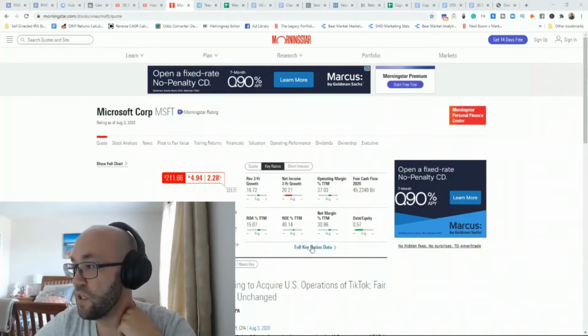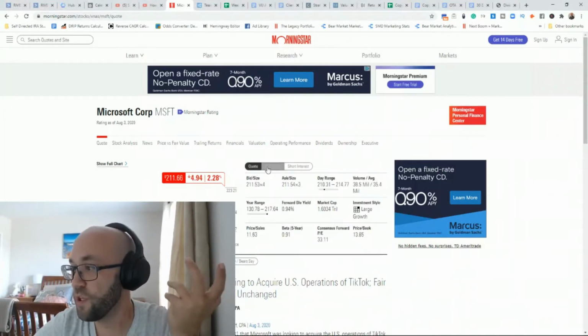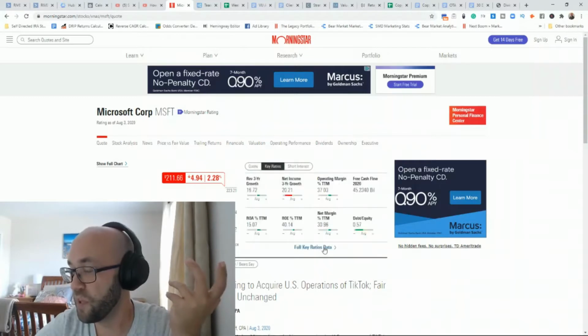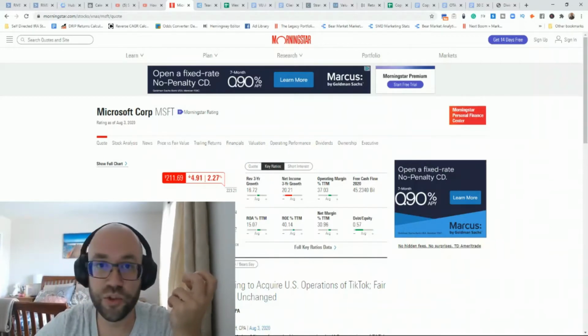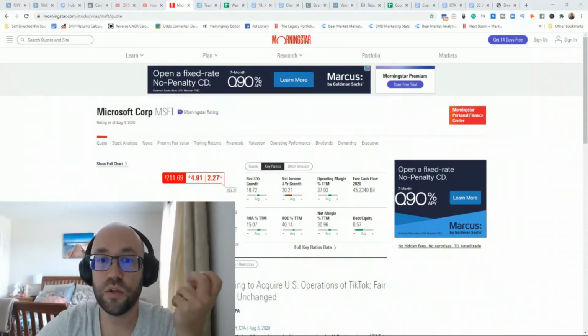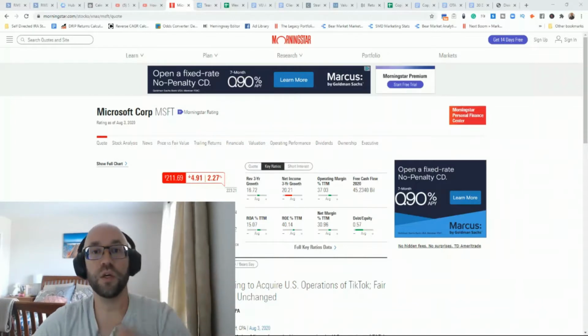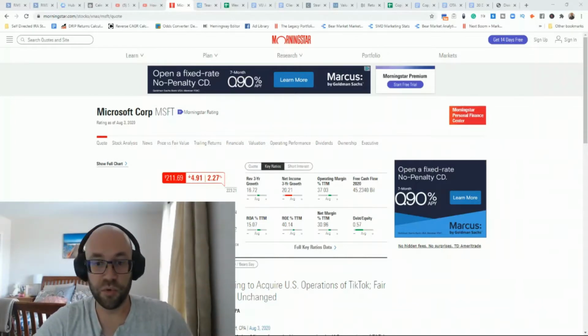To find this information, you go to the key ratios tab, which is, again, the quote tab is the first one to come up. You go to the key ratios tab, open that in a new tab, which is over here on my other screen. And you open up the financials tab in your other screen. And that will get you to these, which I'll show you in a second after I calculate this number out.